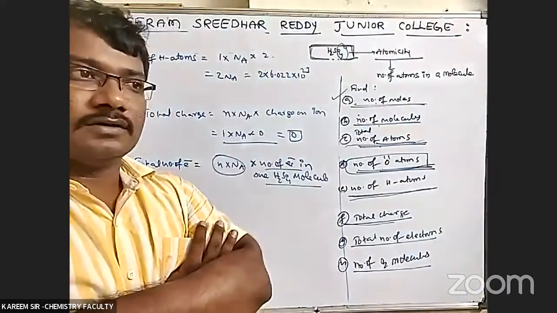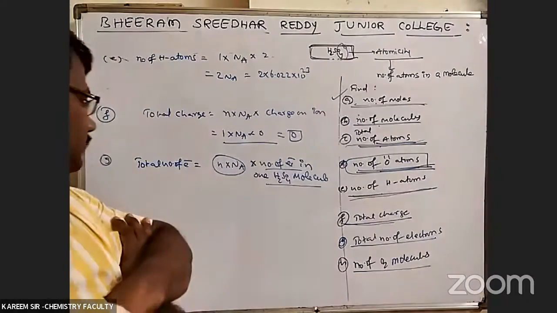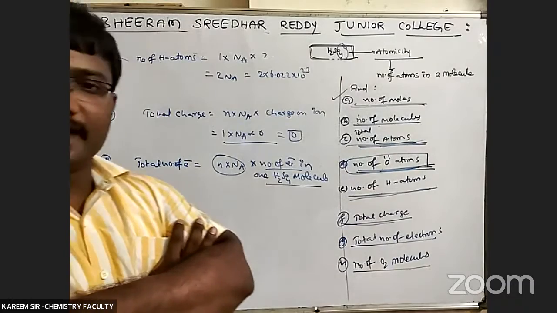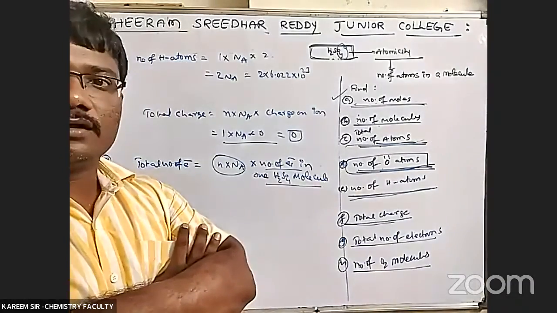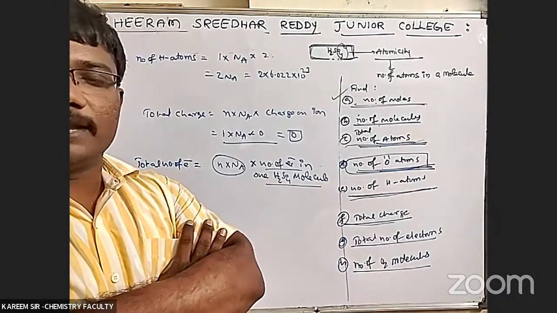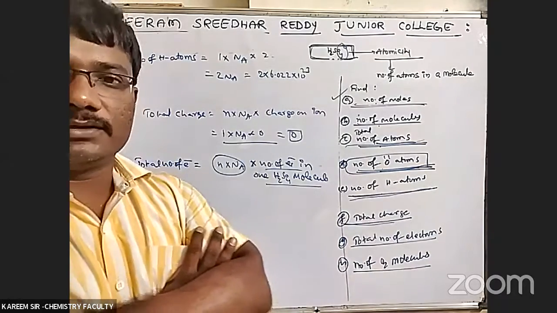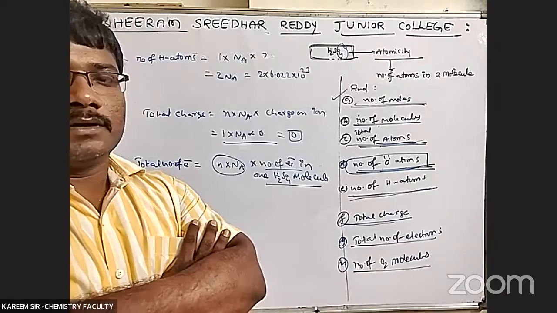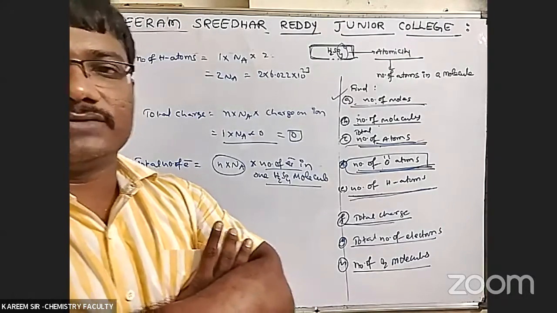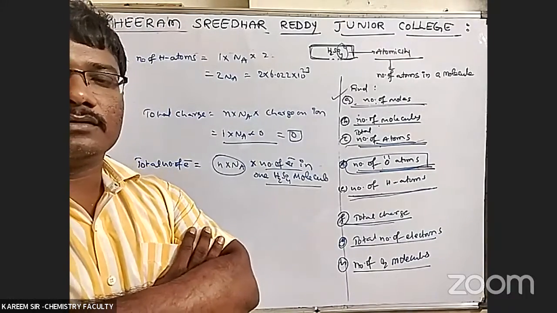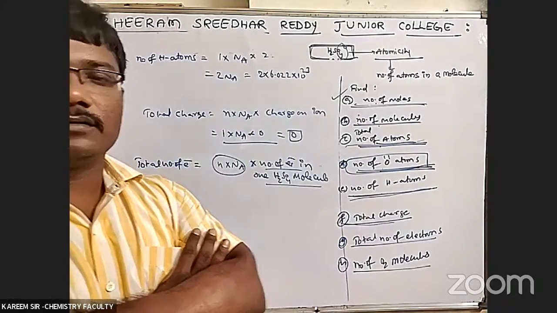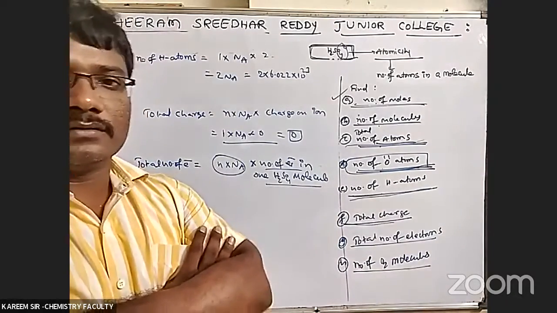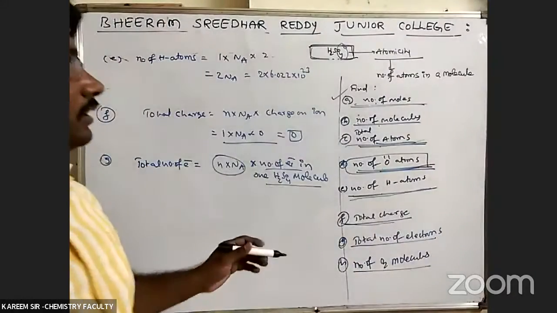How many electrons in H2SO4? Total number of electrons in 98 grams of H2SO4. ఒక మాలిక్యూల్ ఎన్ని ఎలక్ట్రాన్స్ ఉన్నాయి H2SO4 లో? Don't know, sir. రాంగ్ మాది.